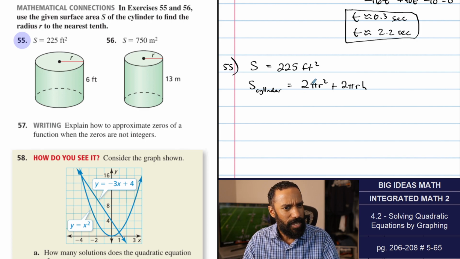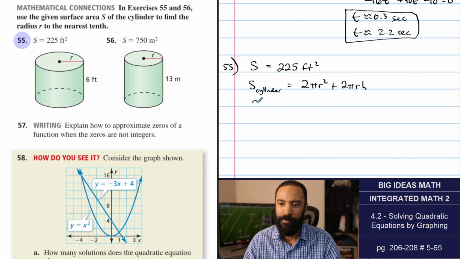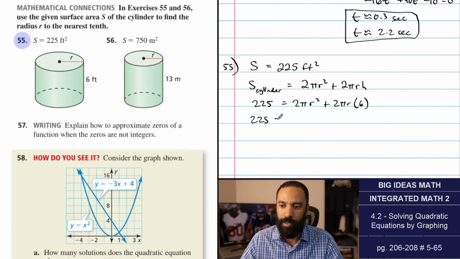I guess you're supposed to know these at this point? Maybe I'm over-embellishing what I'm supposed to do here. So 225 equals 2 pi r squared, r is unknown, plus 2 pi r times the height, or 225 equals 2 pi r squared plus 12 pi r.